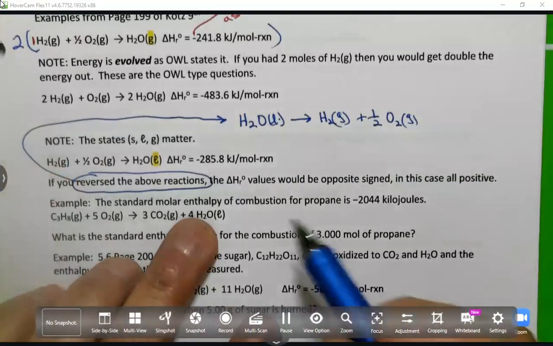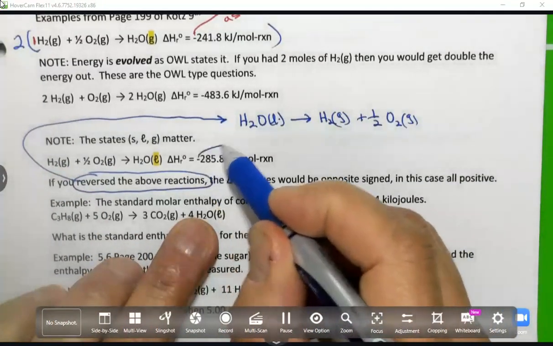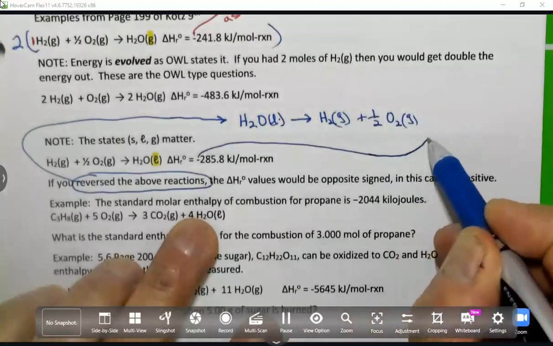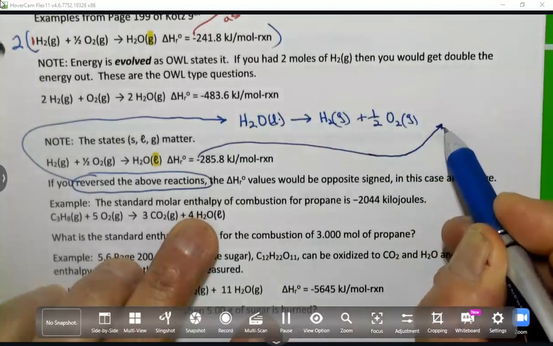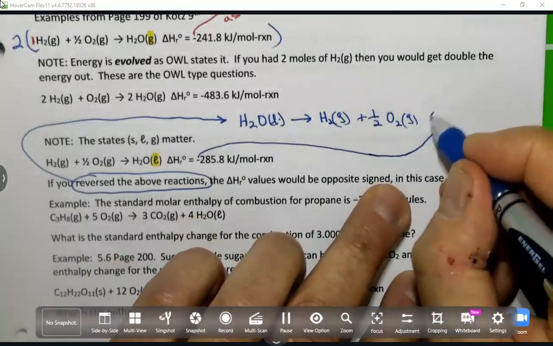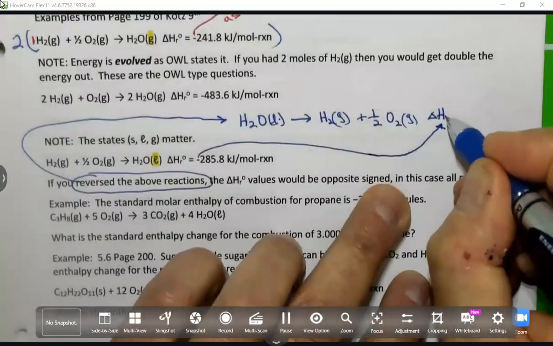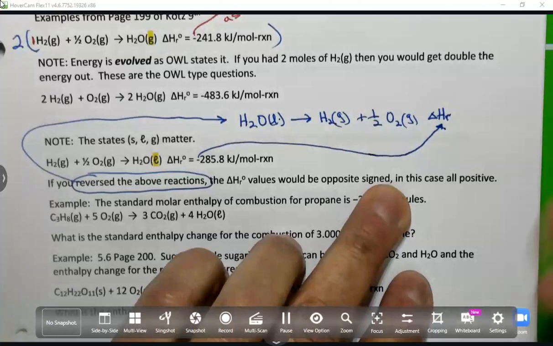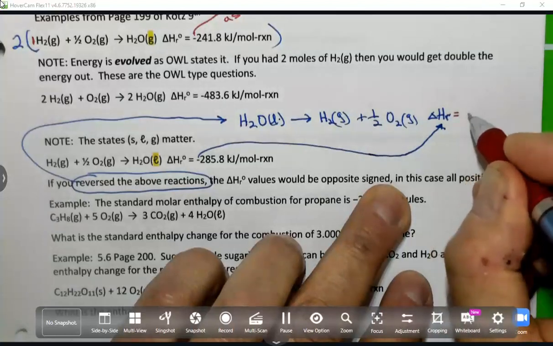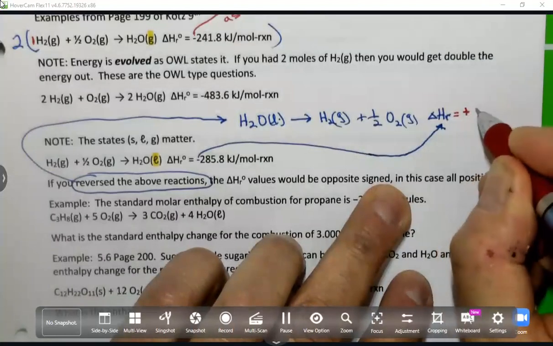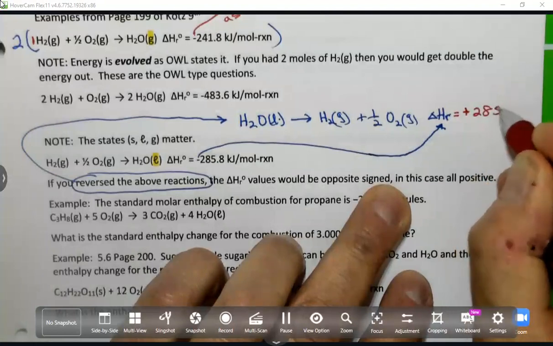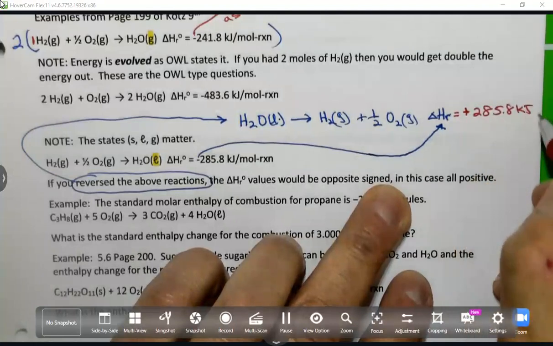If you reverse a reaction, you change the sign on the heat value. Delta H for the reaction is now going to be positive 285.8 kilojoules per mole.